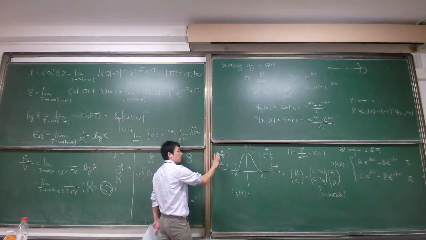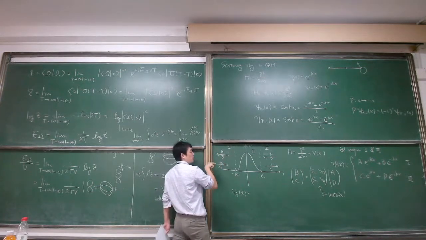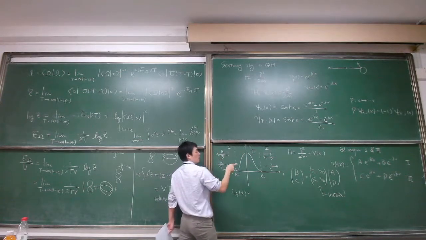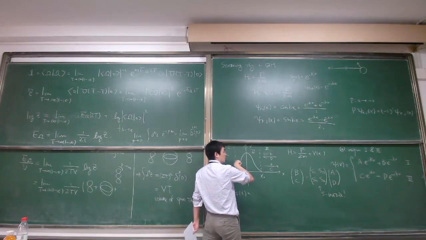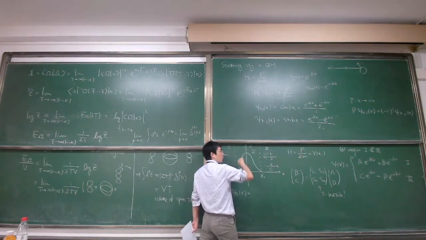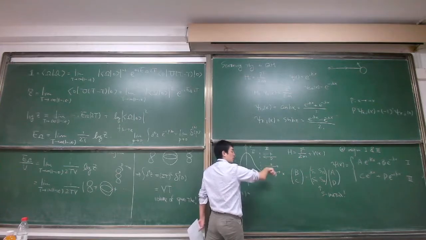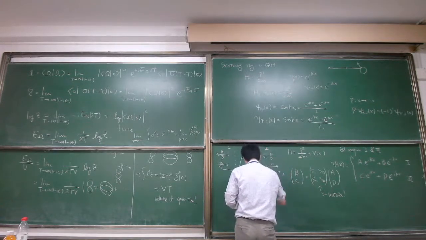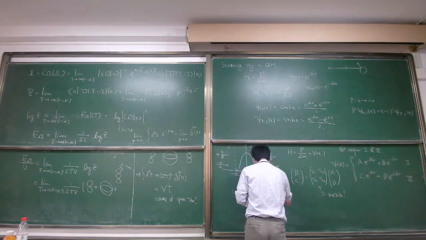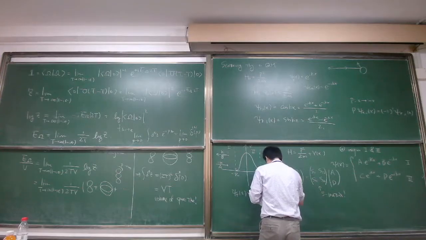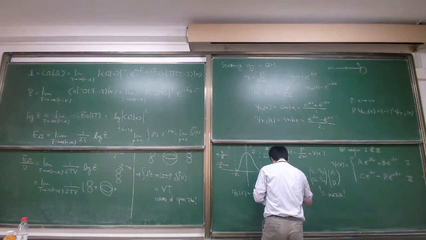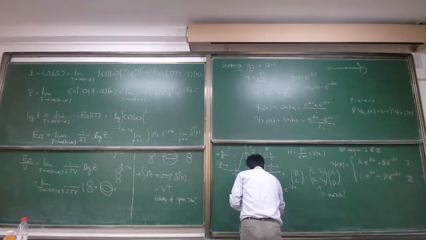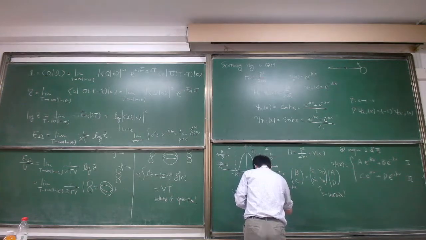The wave function is coming from region 1, and A is either reflected to B or it surpasses this potential barrier and becomes C. So you just ignore D. In this process, you have e to the ikx plus B e to the minus ikx, and then C e to the ikx.